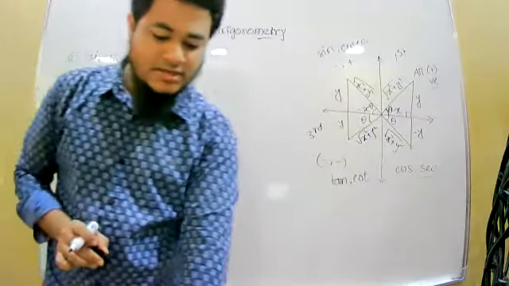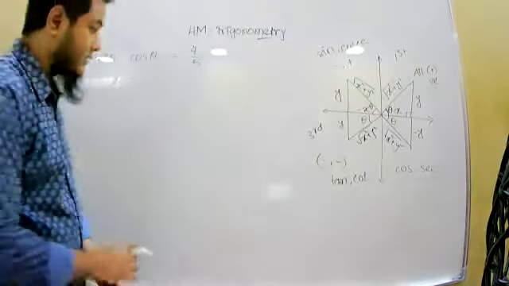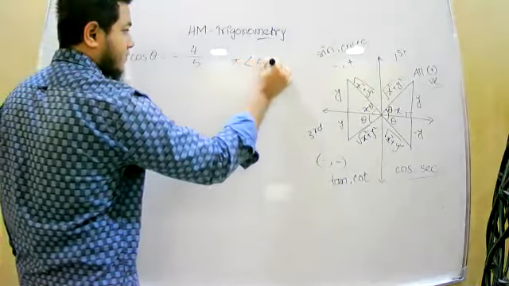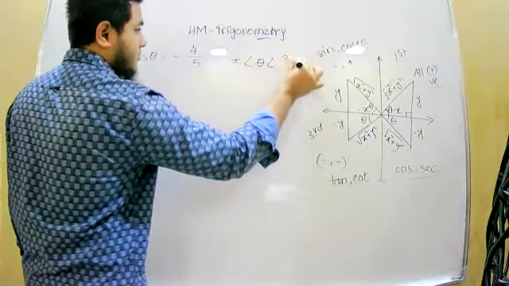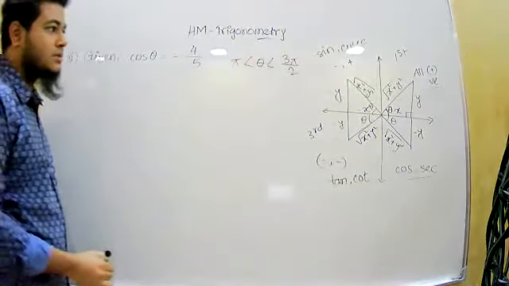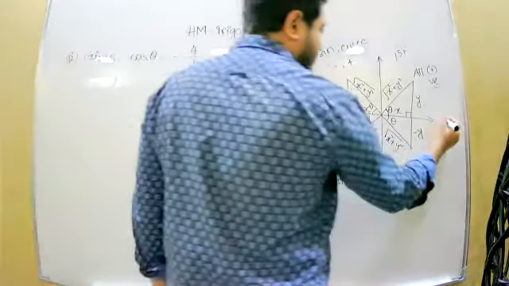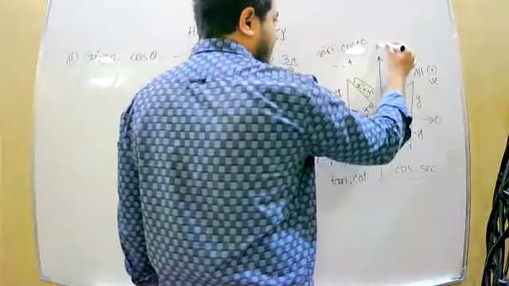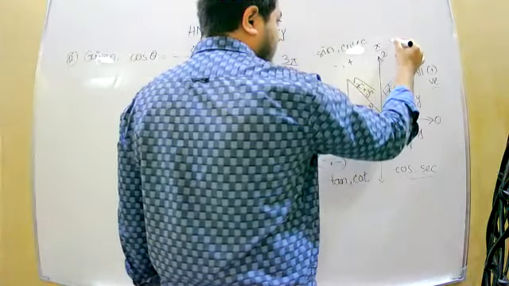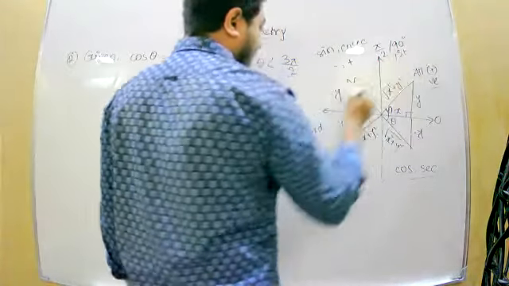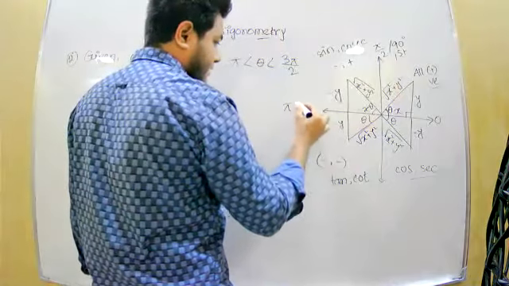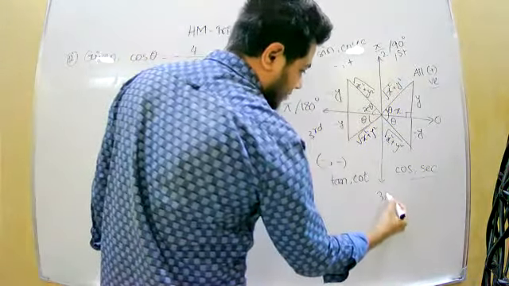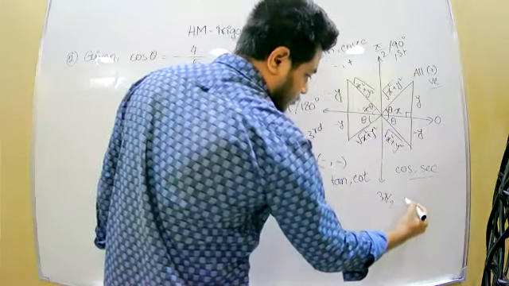So let us continue. Then you will see that there is a condition given. The condition is that theta is from pi to 3 pi by 2. Now, yesterday we studied that this is the 0 line, and this is pi by 2, or 90 degree, and this is pi or 180 degree, and this is 3 pi by 2 or 270 degree.